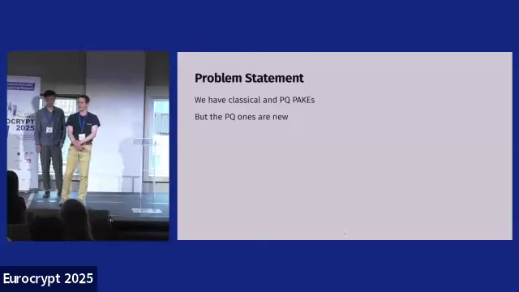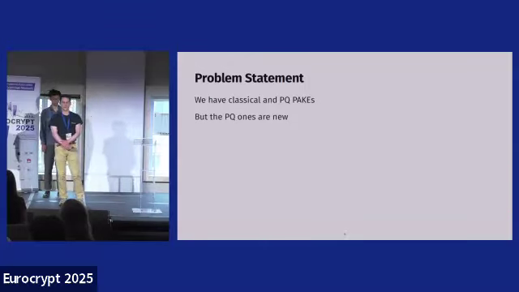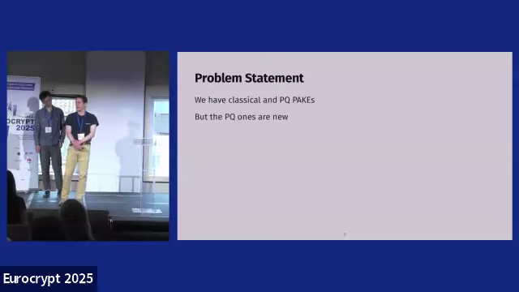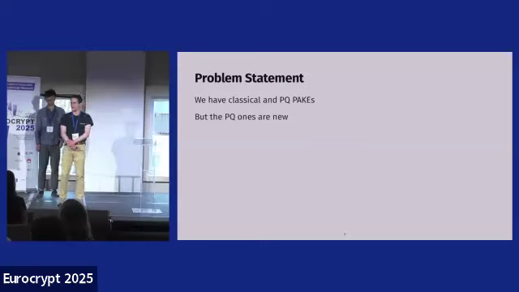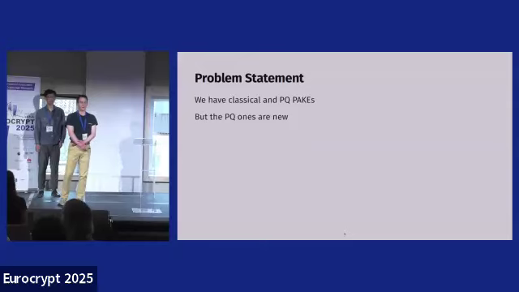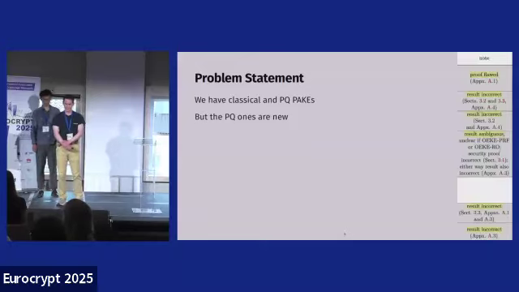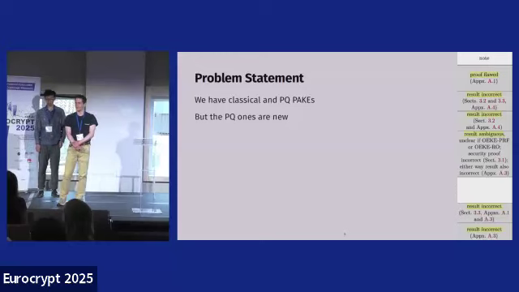However, we also have new constructions themselves, right? These new PAKEs that rely on these new assumptions are relatively new and in fact have had bugs, which we'll see in the next talk. And also the implementations are relatively new, and new code tends to be buggy code. So these are some of the bugs that you'll see next.